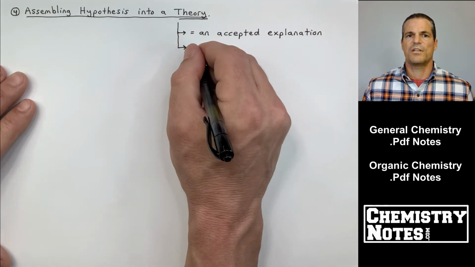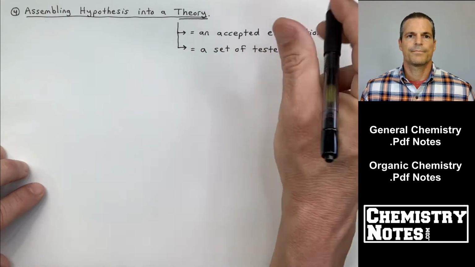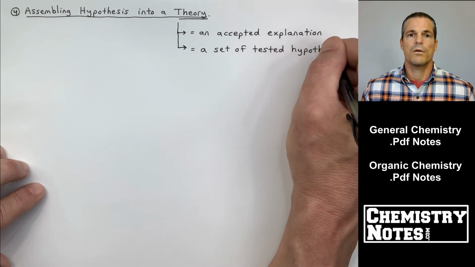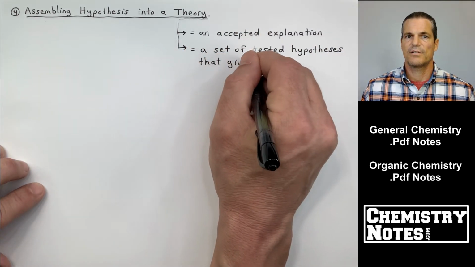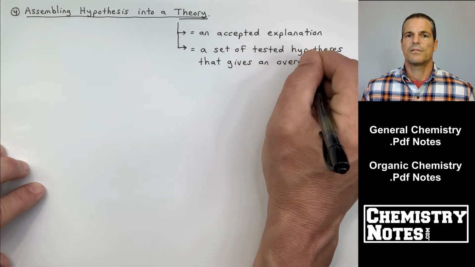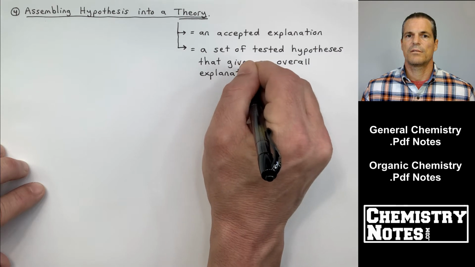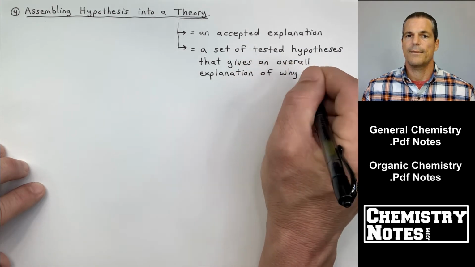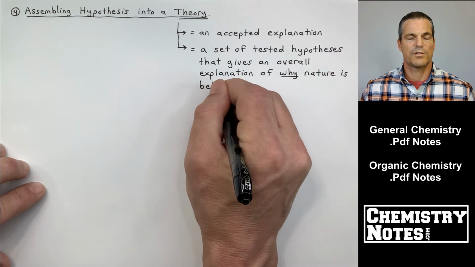I've got two definitions here. Theory is an accepted explanation, or it's a set of tested hypotheses that gives an overall explanation of why nature is behaving in a certain way.